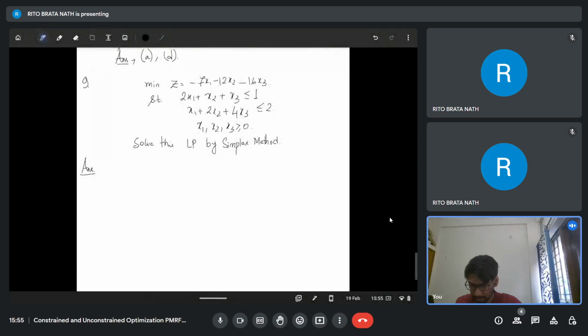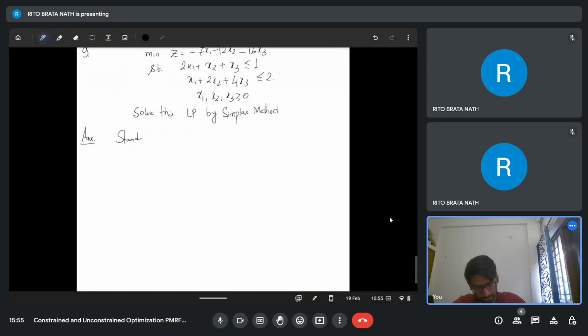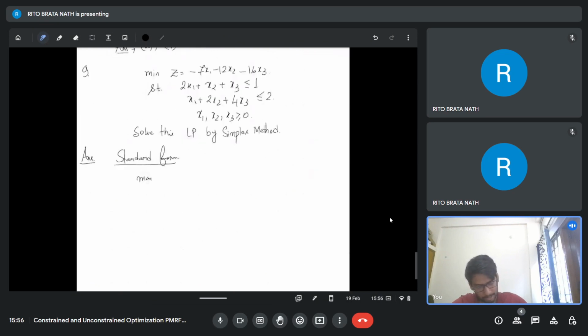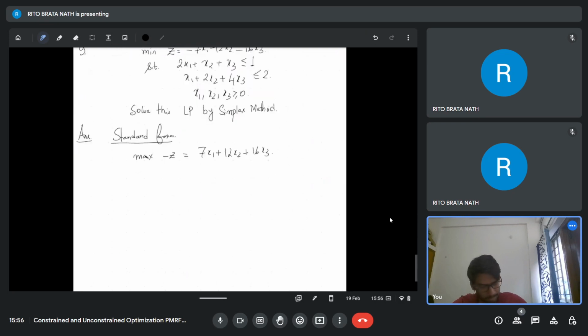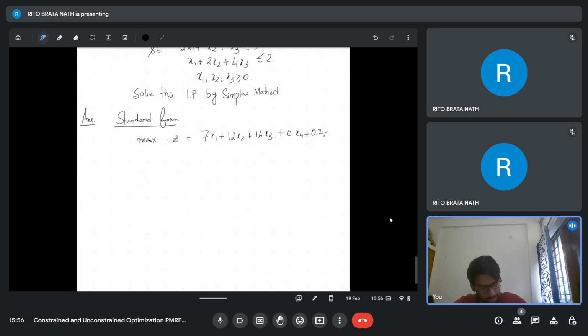So let's proceed with that. You have to convert it into a maximization problem. So max of minus z equals 7x1 plus 12x2 plus 16x3 plus 0x4 plus 0x5, because those will be your slacks that you add.